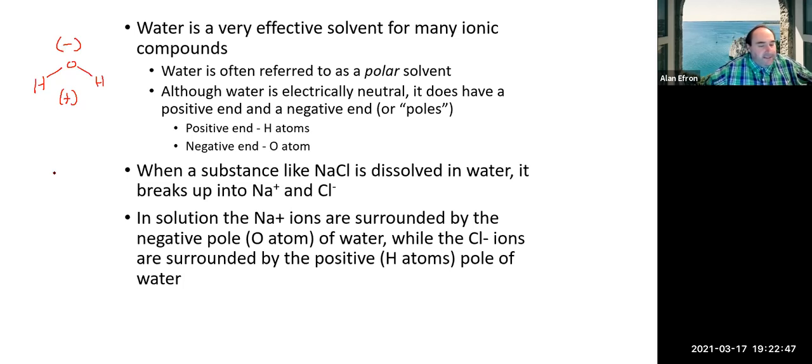When you take something that's ionic, like sodium chloride, and you dissolve it, it breaks apart into its ions. The positive ion gets surrounded by the negative side of water, and the negative ion, like the chloride ion, gets surrounded by the hydrogen part of water.